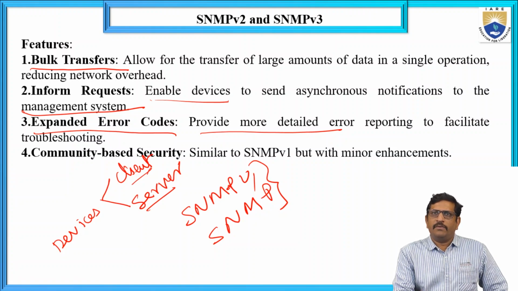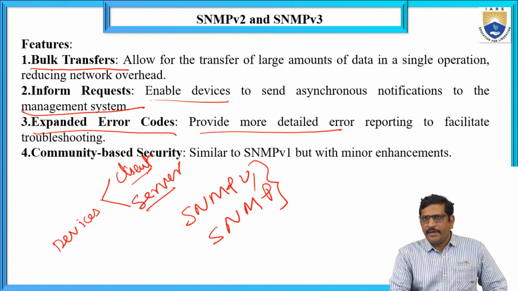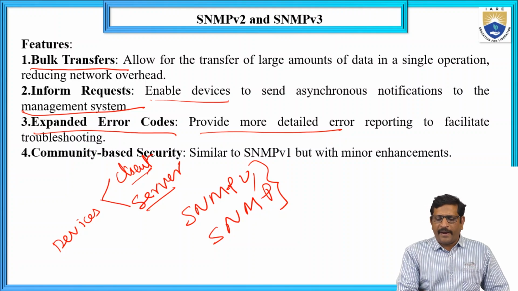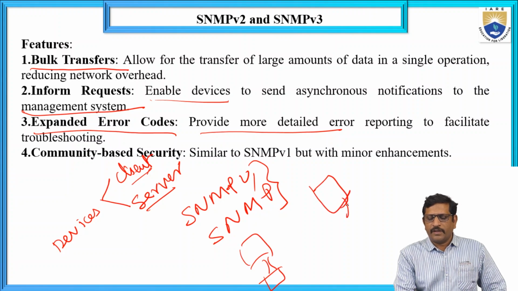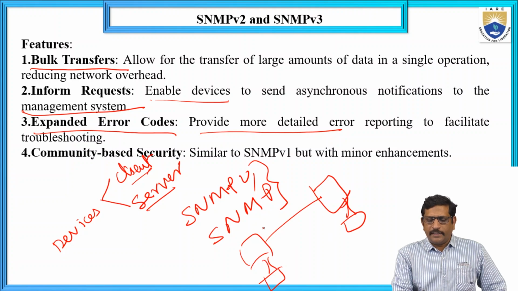With the expanded error codes, we can find and detect errors in a router, a switch, a hub, or in the data packets we transmit from the source device to the destination device.